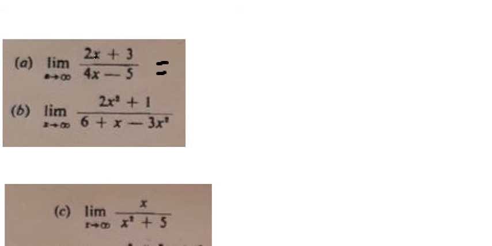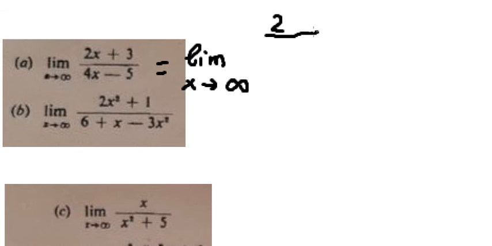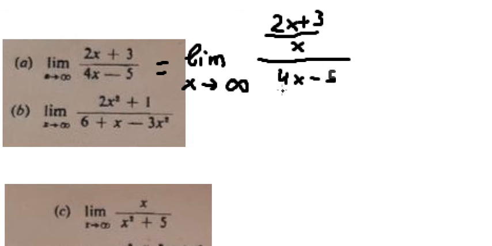About the first one, we need to divide by s on the numerator and denominator. So that should be like this. So we have 2s divided by s, you get the number 2.